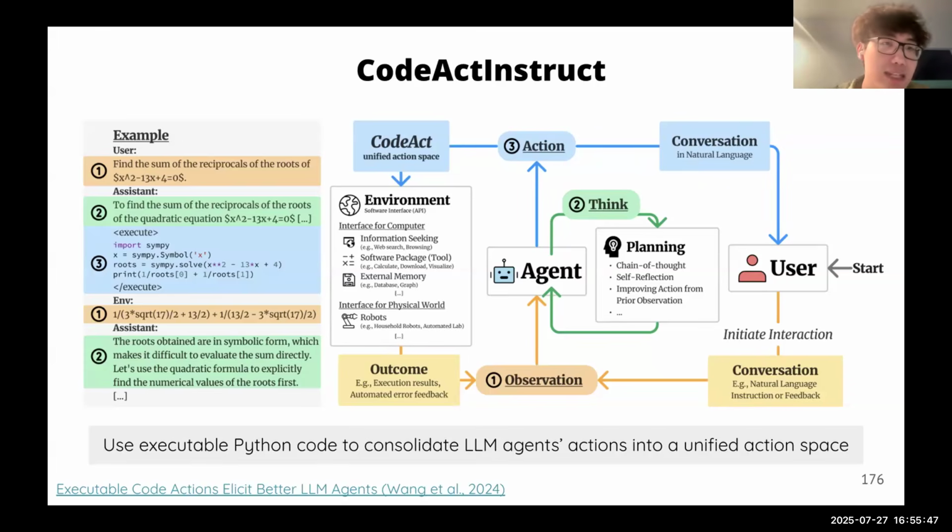For example, the user asks the question, find the sum of the reciprocals of the roots of a formula, and we generate the Python code for solving this problem. Then we get some feedback from the Python executor, which is similar to the OpenCodeInterpreter work we talked about. In that fashion, we can generate the CodeActInstruct data and potentially fine-tune a smaller model in the future.